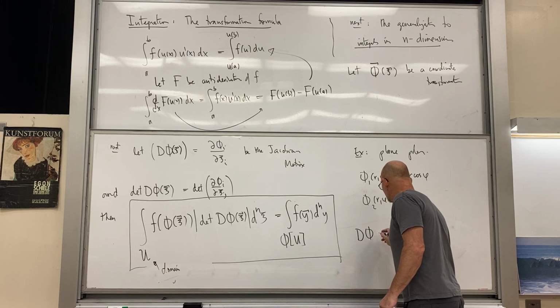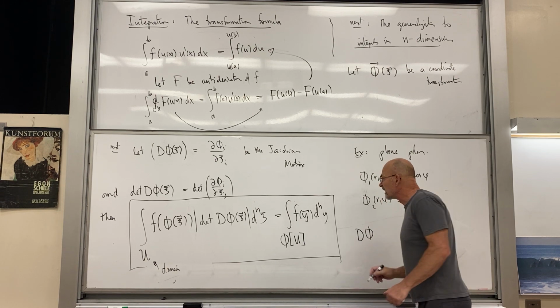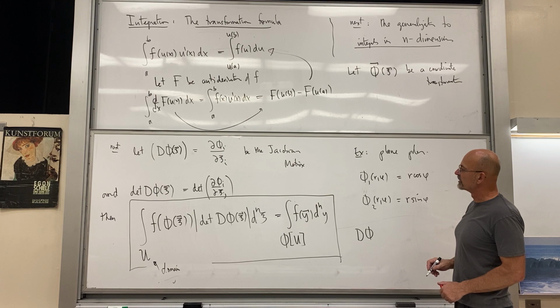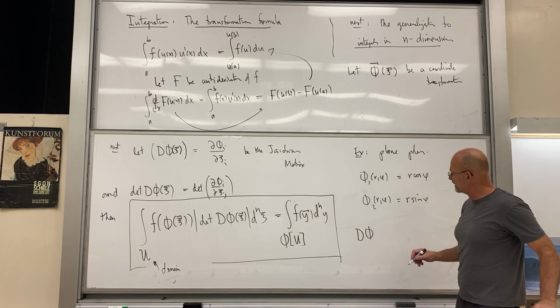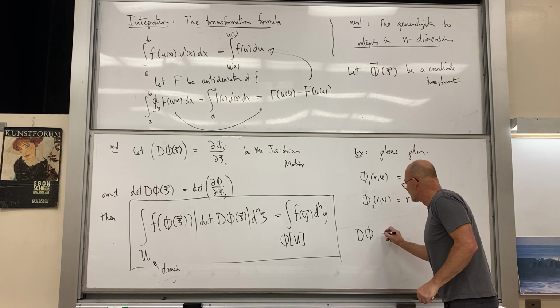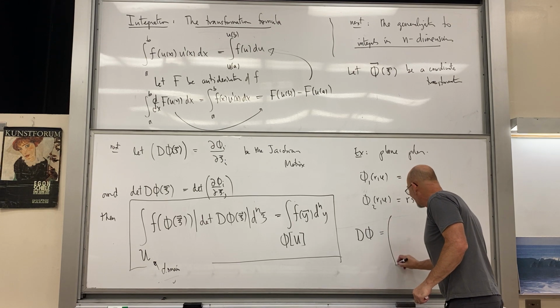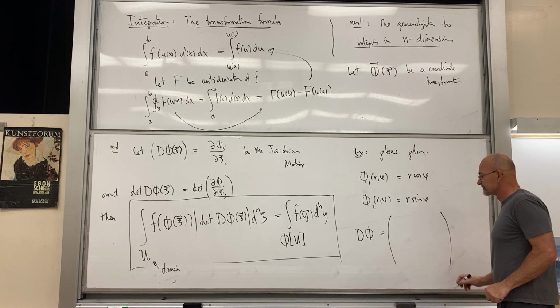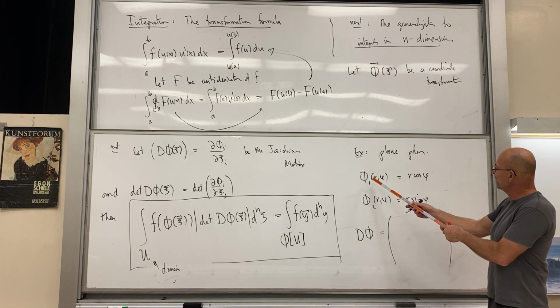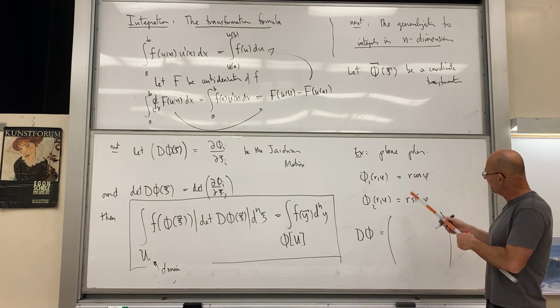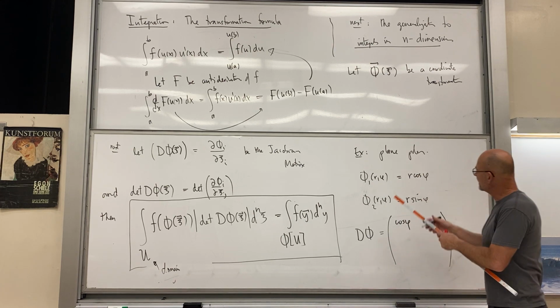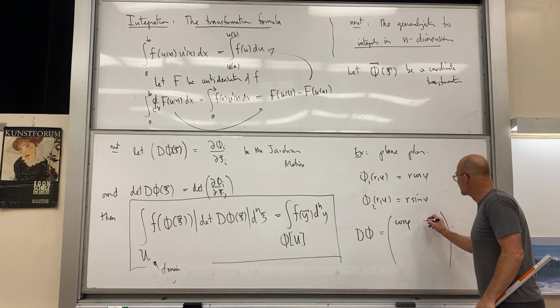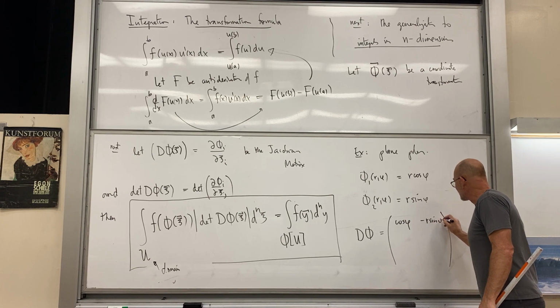So, how about this d phi sub i over d c sub j that we're talking about right here? Let's call that the matrix. So d phi sub 1 dr gives us cos phi. D phi sub 1 d phi gives us minus r sin phi.